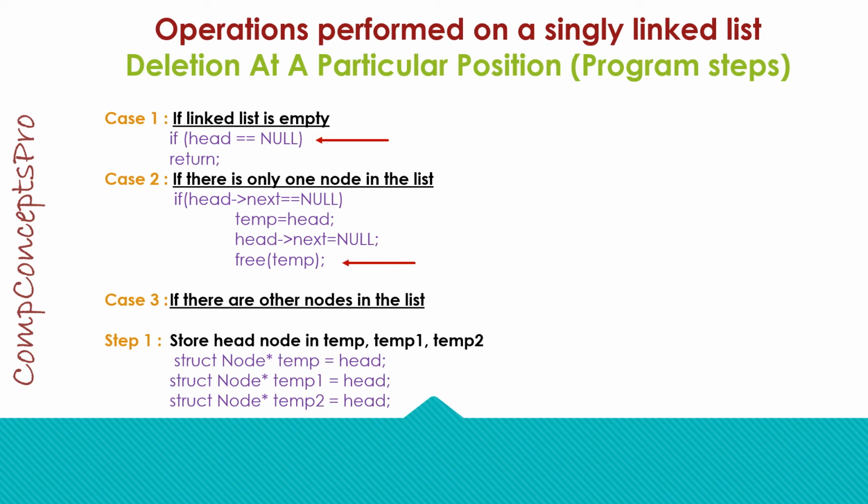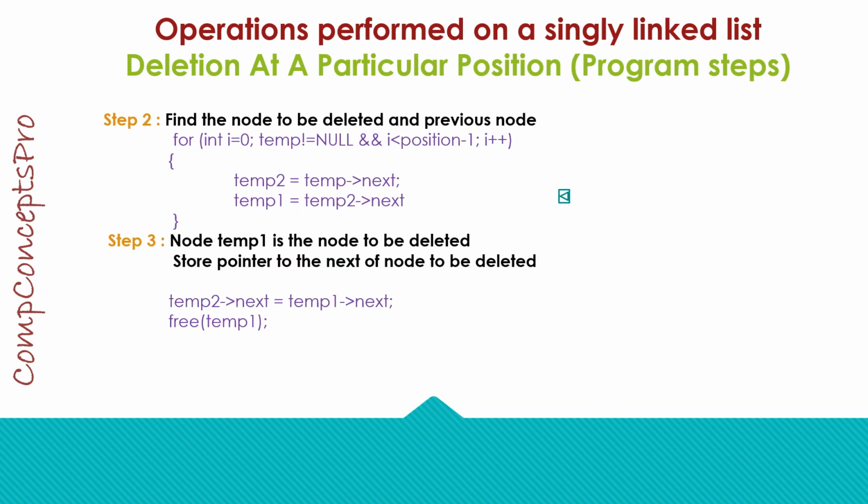Now the next case is if there are multiple nodes in the list. In that case, first we have to set three temporary pointers, temp1, temp and temp2, same as head. Next step is to find the node to be deleted and the previous node so that we can set its next pointer. This will be done with the help of this for loop.